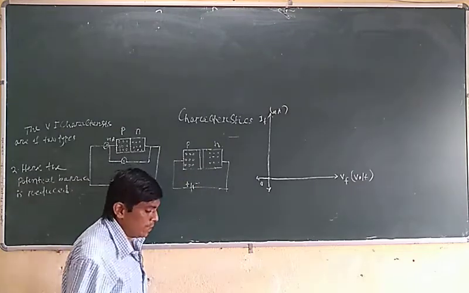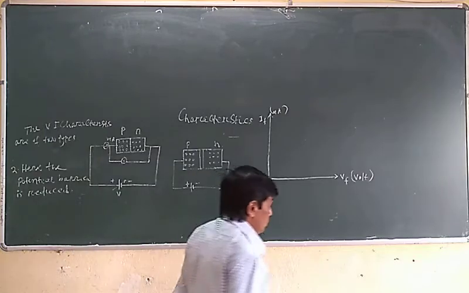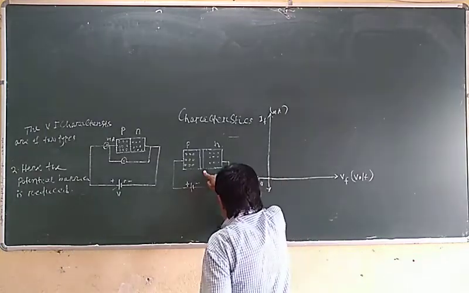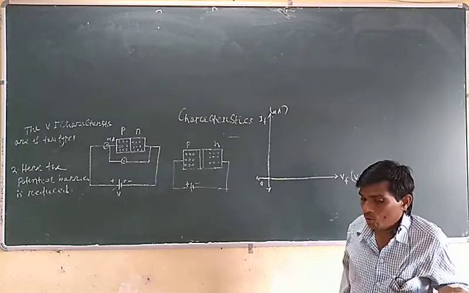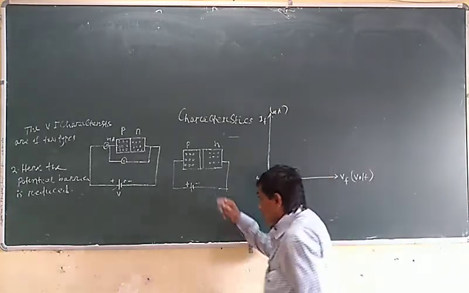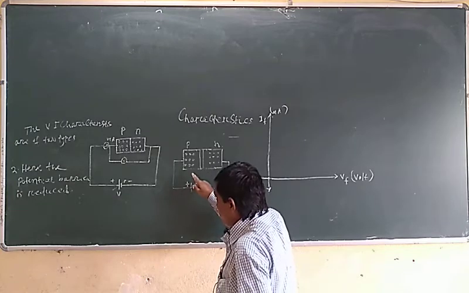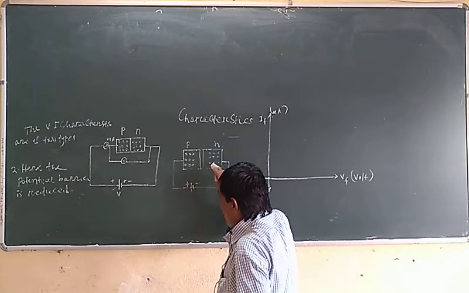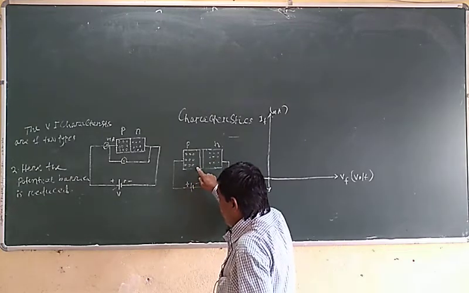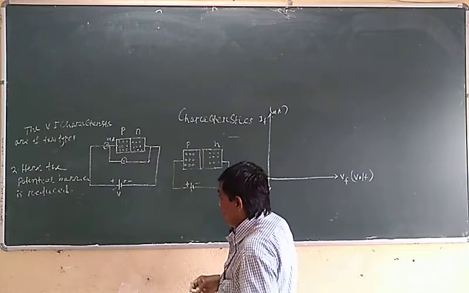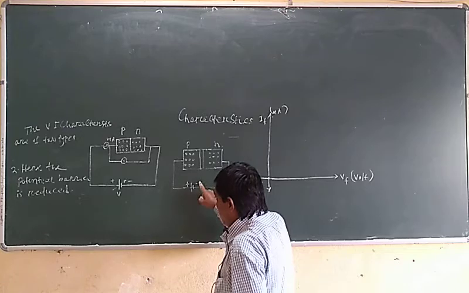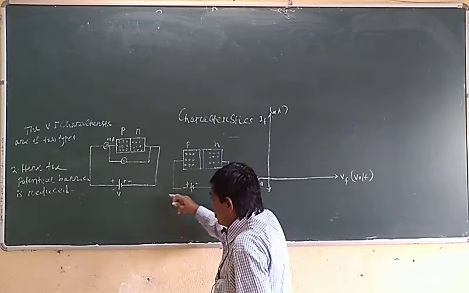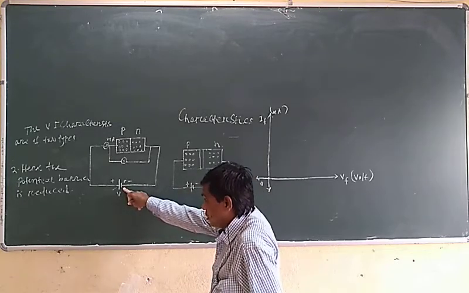When the potential barrier is reduced, the junction resistance will be less. So when junction resistance is less, the holes and the electrons behave like a conducting material. Then we apply this voltage. Suppose this voltage is a variable supply.